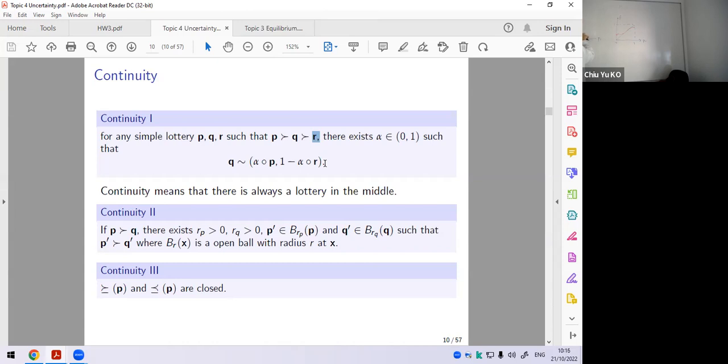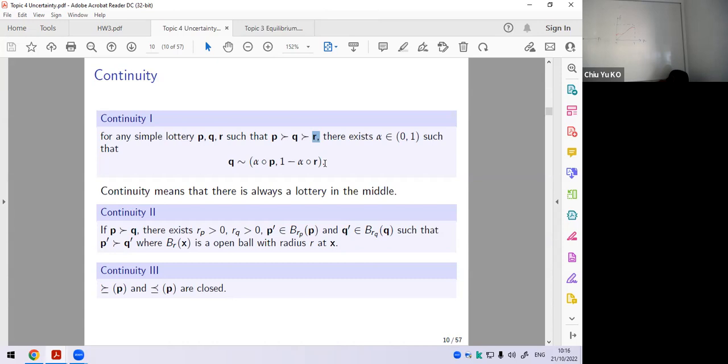So if you have three bundles with a strict order, there's something better than that, something worse than that, and there must exist some probability such that mixing the two is the same as the middle one.